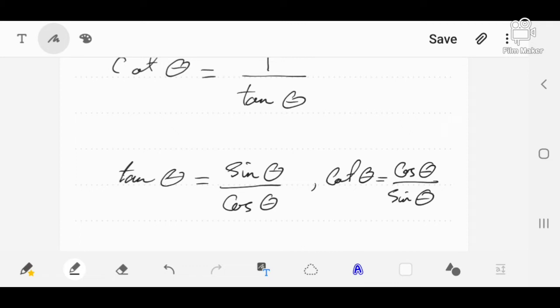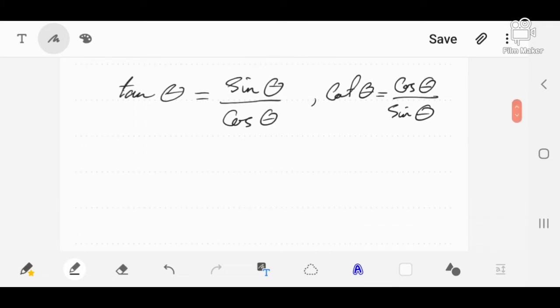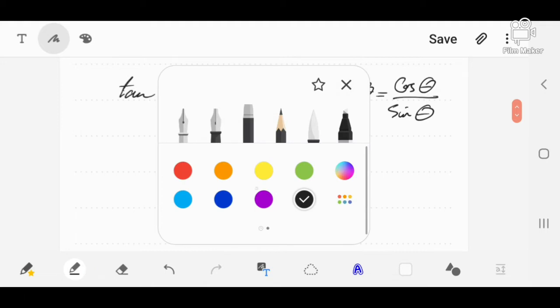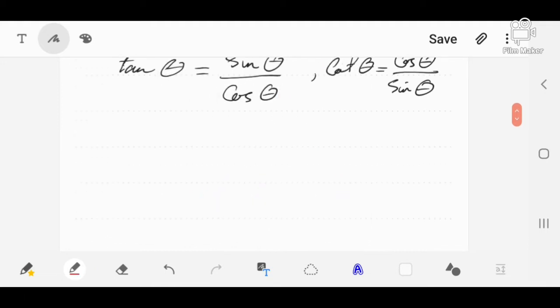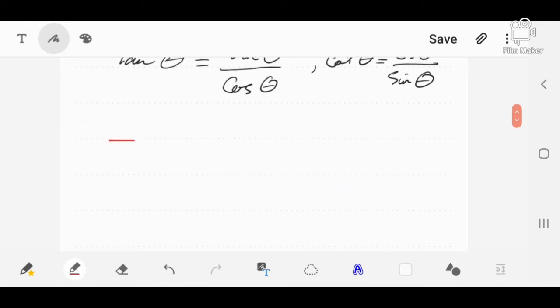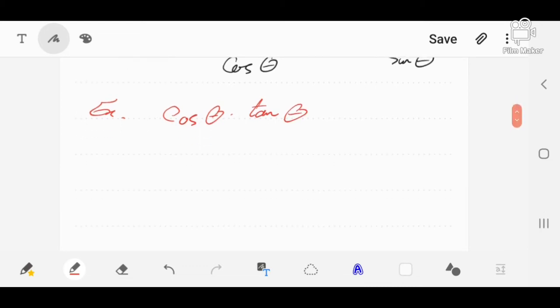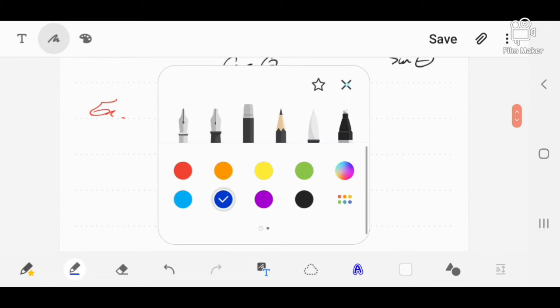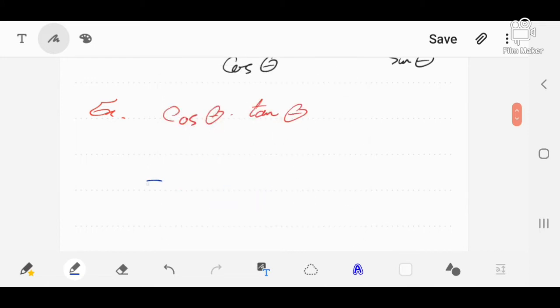Now, where do we need these identities? We'll need them to simplify some problems. For example, let's say we have cosine theta times tan theta. If I want to simplify this expression, how would I do that? Simply, cosine theta, I will just keep it.